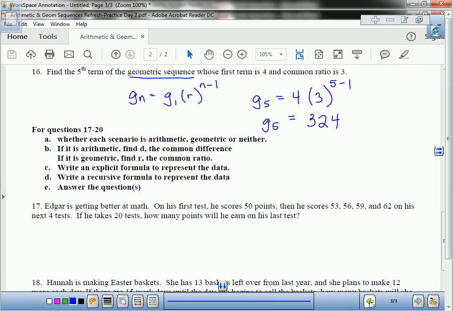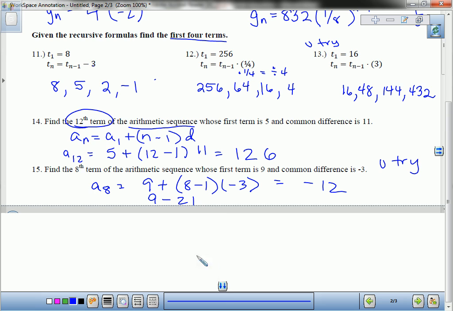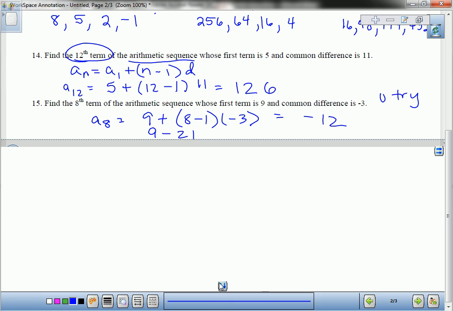Now, I'm going to back up to the previous page. Okay, and I'm going to change this problem a little bit.